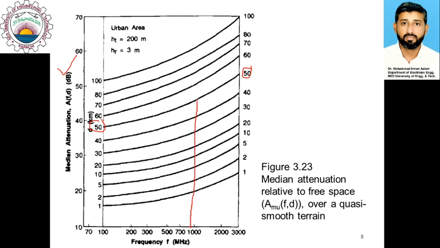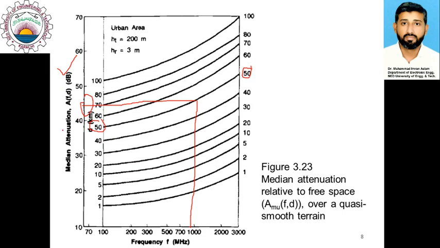If you take a line from this 900 megahertz and take it to this variation, it should be a straight line, so it would come up somewhere here. This value would represent the median attenuation.